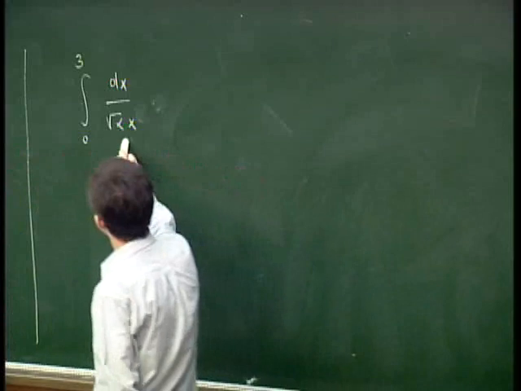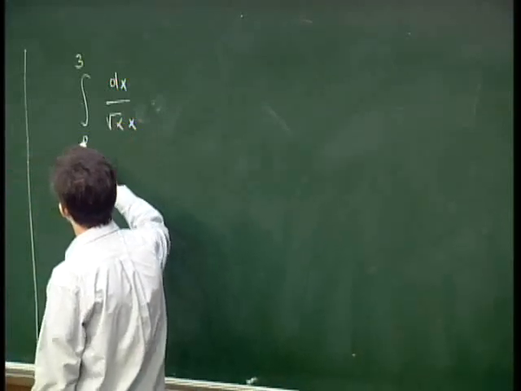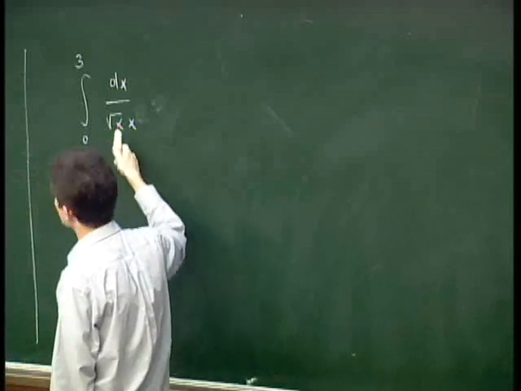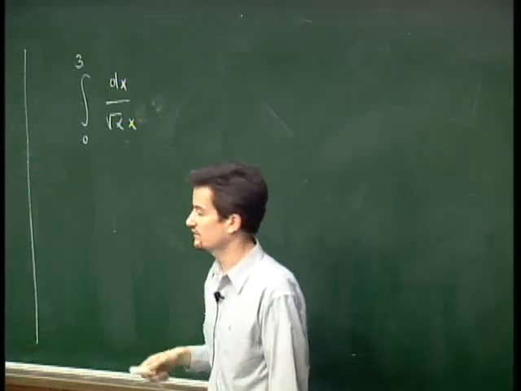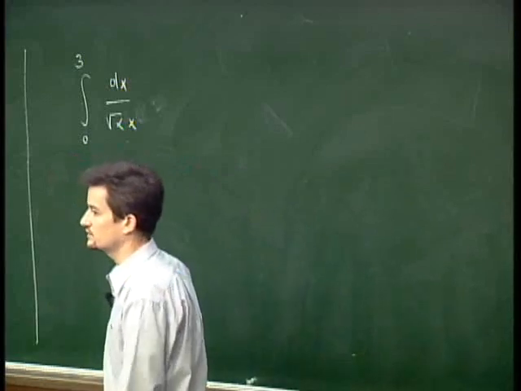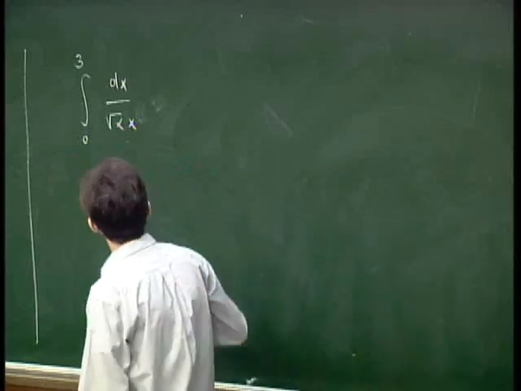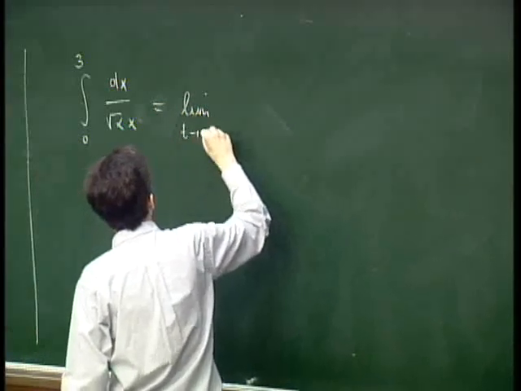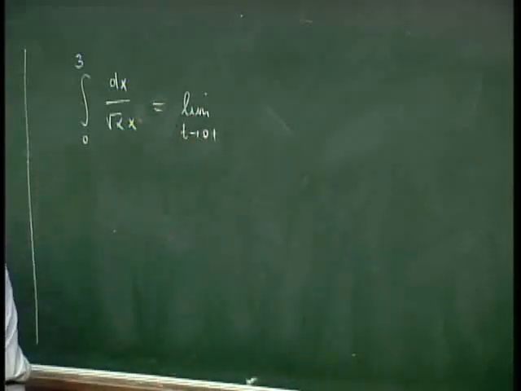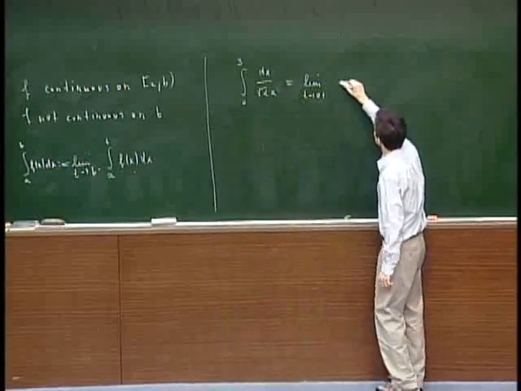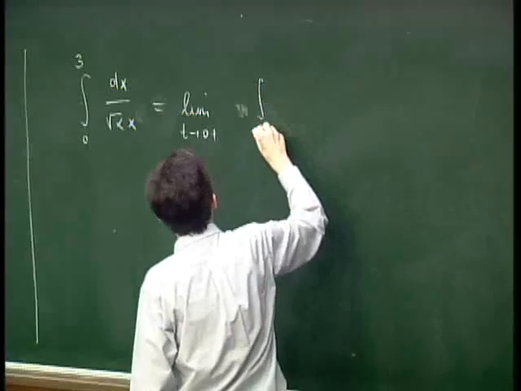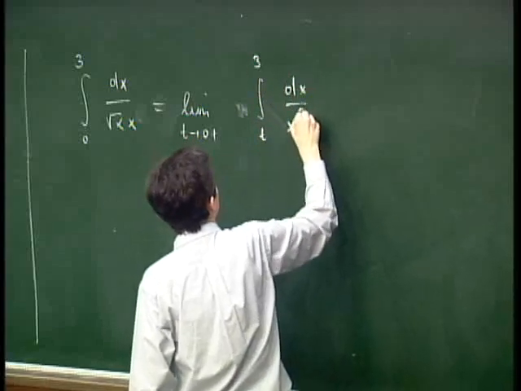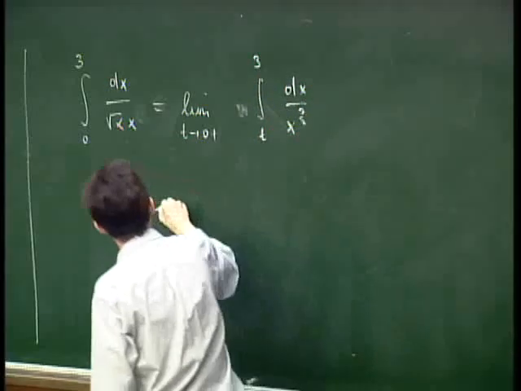If we look at this integral, the integrand at the left boundary is equal to 0, so this function is not continuous at this point. So this is really an improper integral of second type. Now, we have to look at the limit as t tends to 0 from the right, different from before where we had the left boundary. We look at the integral from t to 3 of dx over x to the 3/2. This is of course easy to compute.